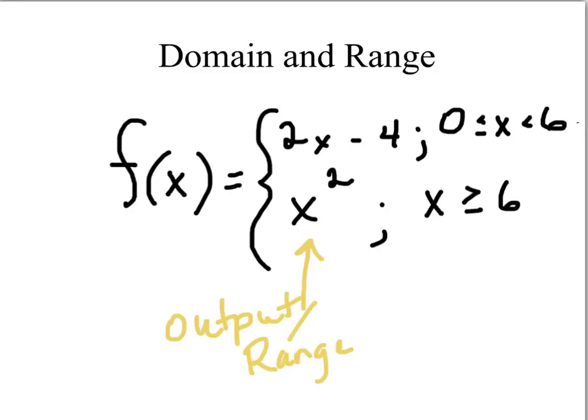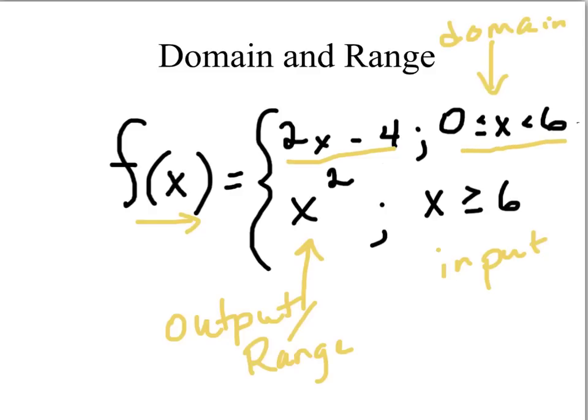And where we start our function, what tells us what range your output to use comes from our domain, or our input values. And so what you're looking at is, you start reading it: f of x is equal to 2x minus 4, providing that x is greater than or equal to 0 and less than 6.